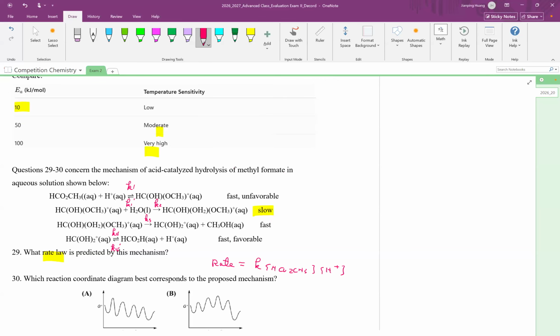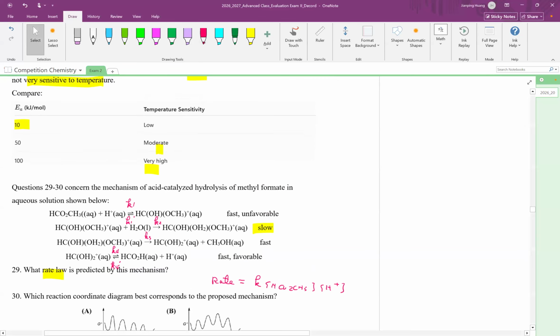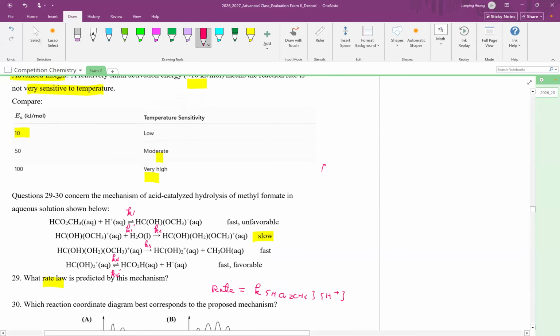This question is related to, I hope you still remember, pre-equilibrium in chemical kinetics. The slowest step is this one.